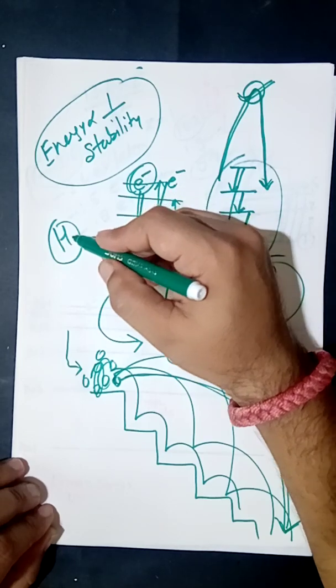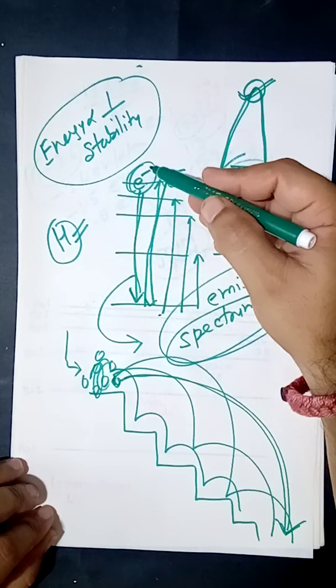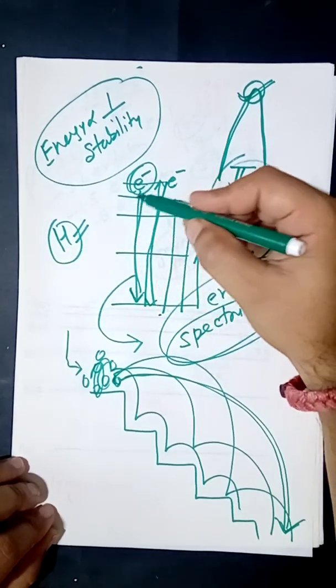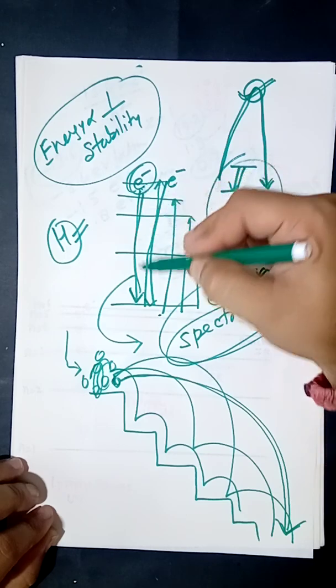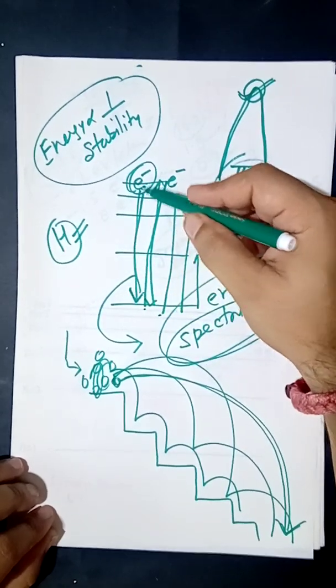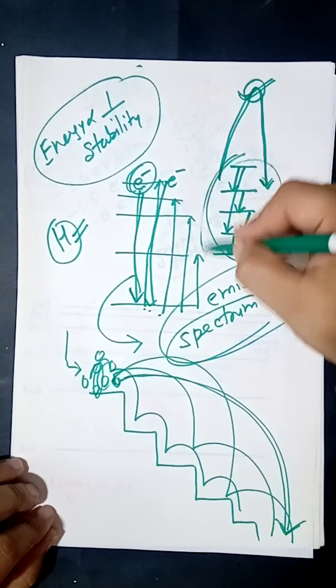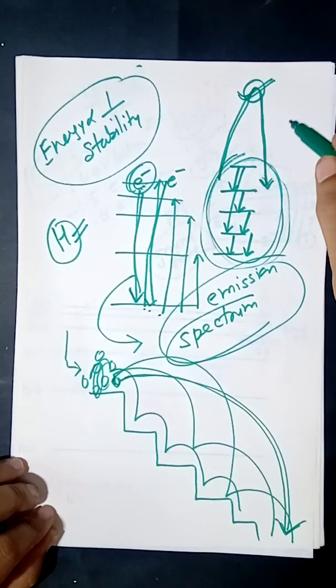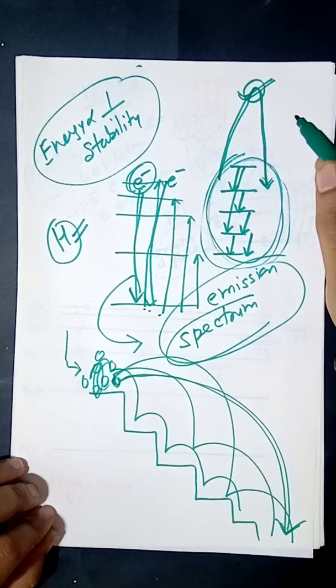So you take billions of hydrogen atoms, each with one electron. In some atoms, the electron can shift directly from 5 to 4, or directly from 5 to 1. In other atoms, the electron may use other transitions. So we will not have a single radiation in the spectrum. In fact, we have a number of radiations in the spectrum of the hydrogen atom.